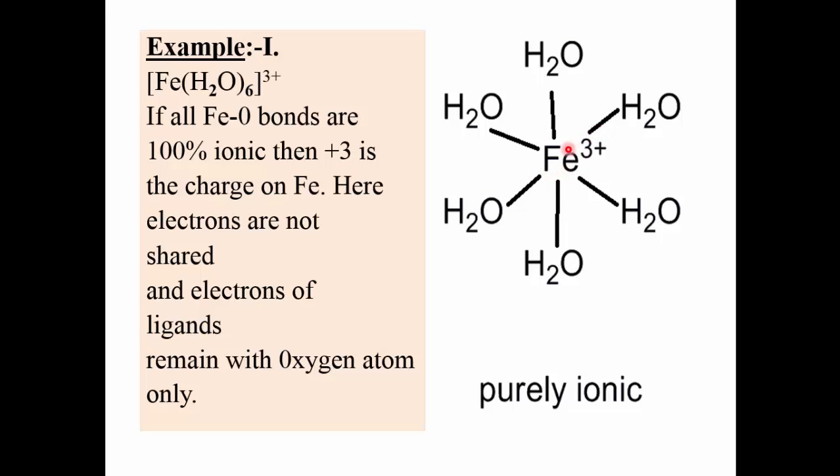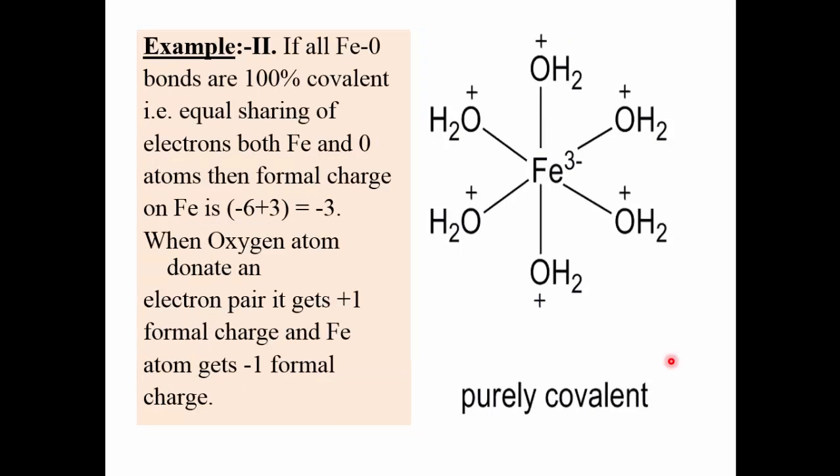Simply there is electrostatic attraction between iron and oxygen. Here electrons are not shared and electrons of the ligand remain with the oxygen atoms only. Followed? So on Fe there is +3 charge when the bonds between iron and oxygen are 100% ionic.